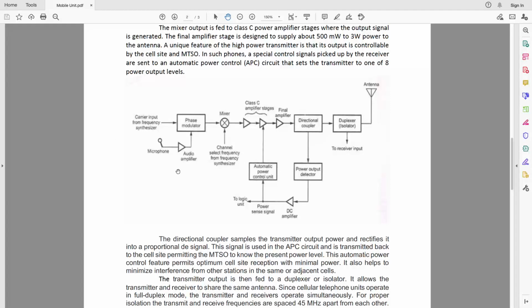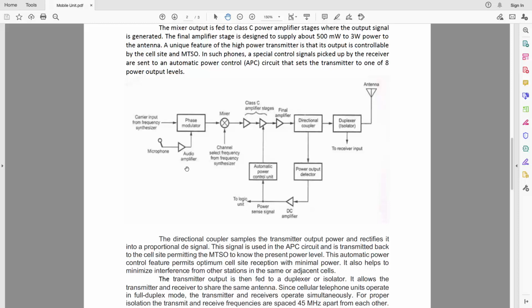In the previous semester we have studied digital communication and analog communication, and we already studied the need of modulation. So here I am not going to explain the need of modulation, but we know that whenever we have to transmit a signal we have to do modulation.